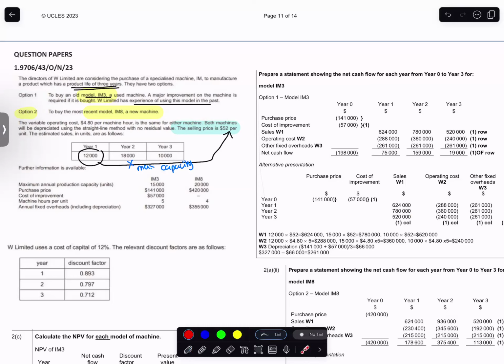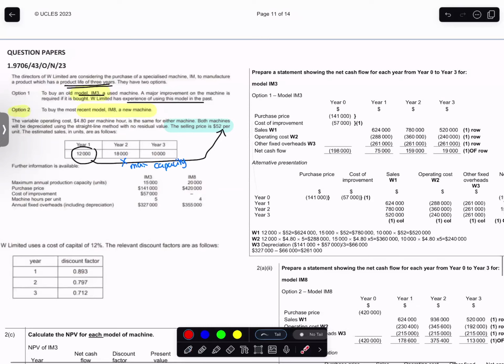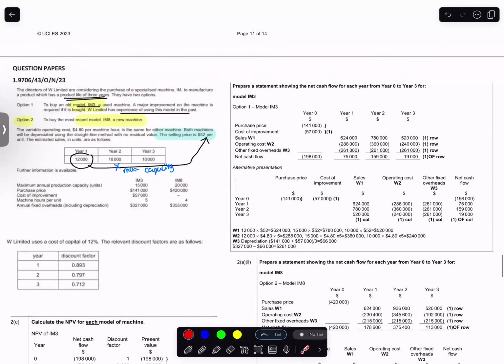Then for operating cost, you'll do 4.80 into the units that you produce. So into 12,000, into 15,000, and into 10,000. This is per machine hour, right? Oh yeah, you have to do it into 5 also.